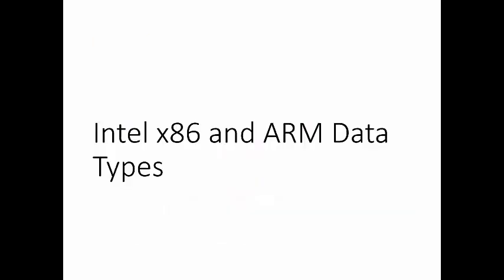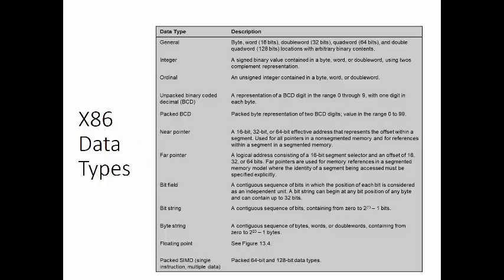Now we'll move on to section 12.3, and these are the data types in the Intel x86 architecture and the ARM architecture. And as you can see from this figure, there are quite a few of them. The x86 can deal with data types of 8, 16, 32, 64, and 128 bits in length.